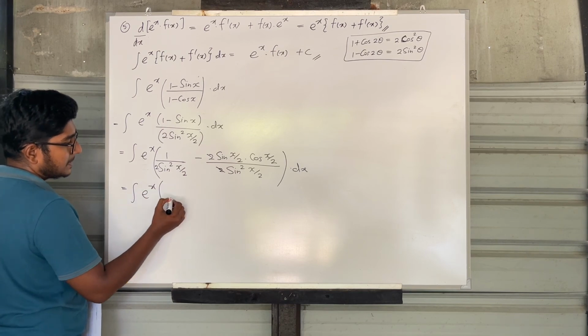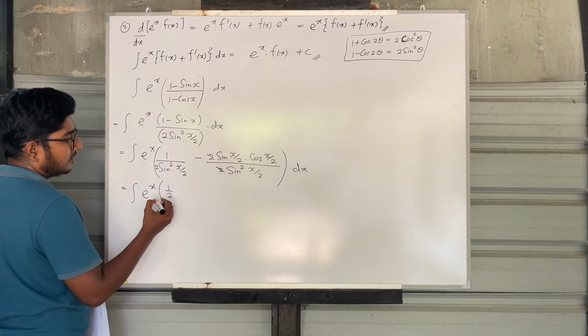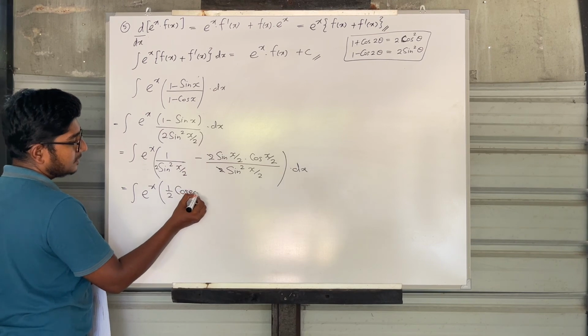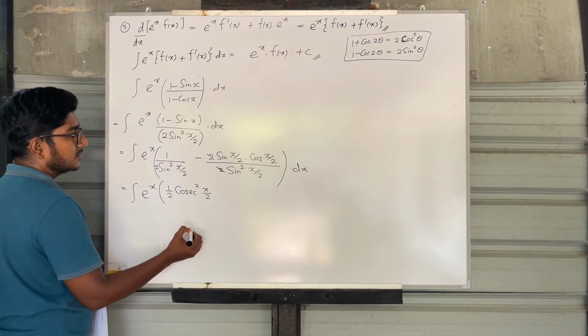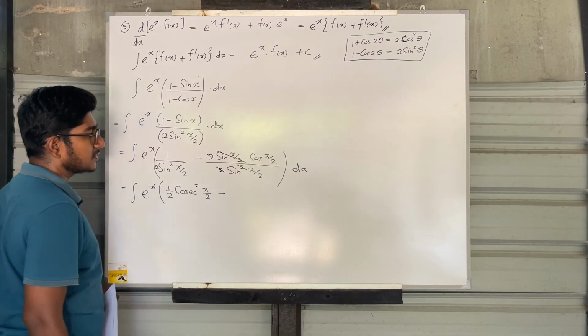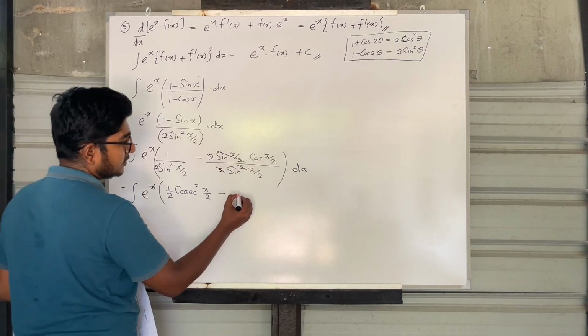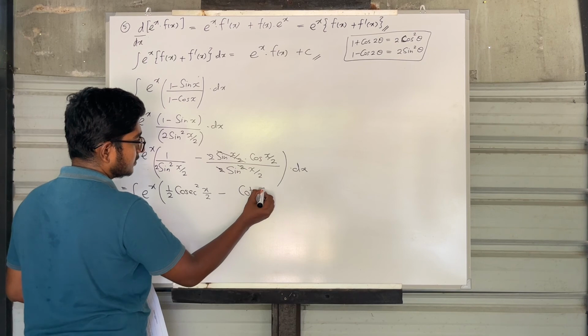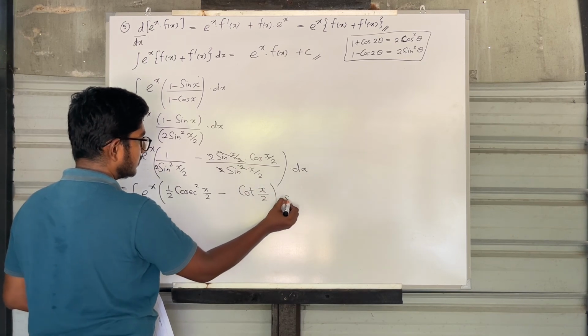Half, 1 over sin is cosec. So cosec squared x over 2. This sin x over 2 gets cancelled. Cos over sin is cot. So that is cot x over 2.